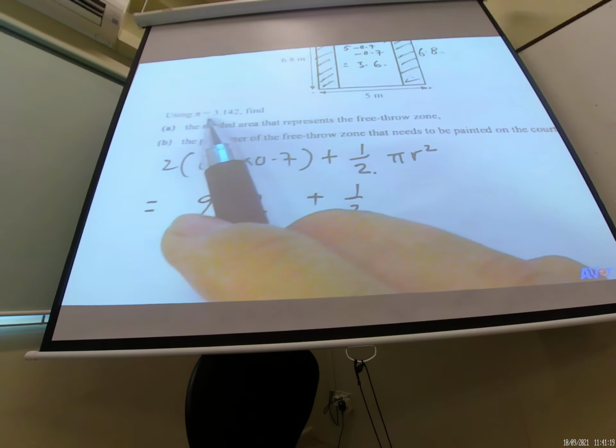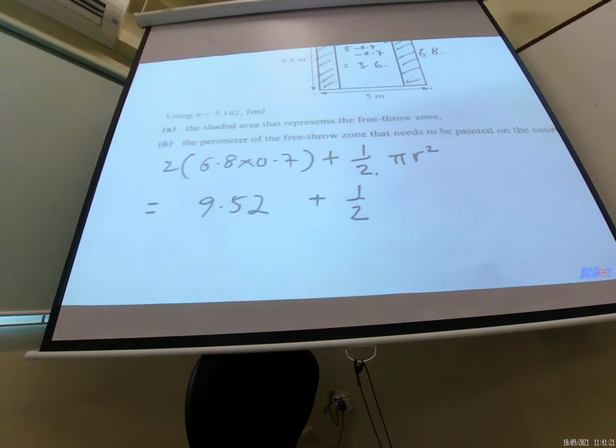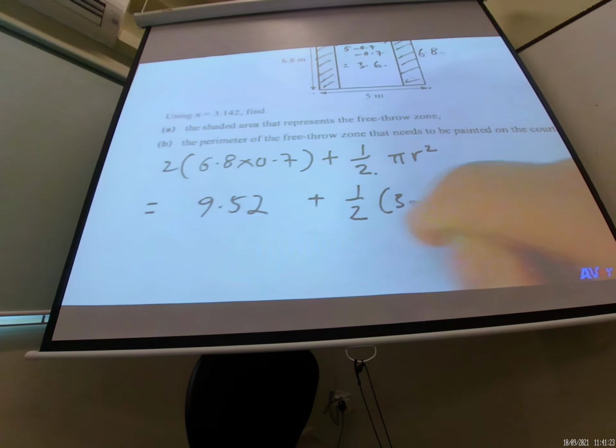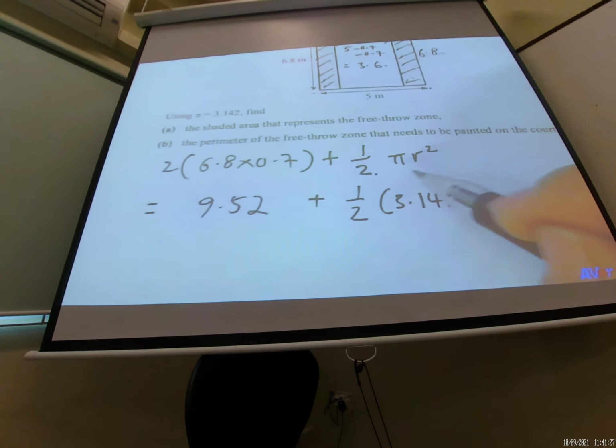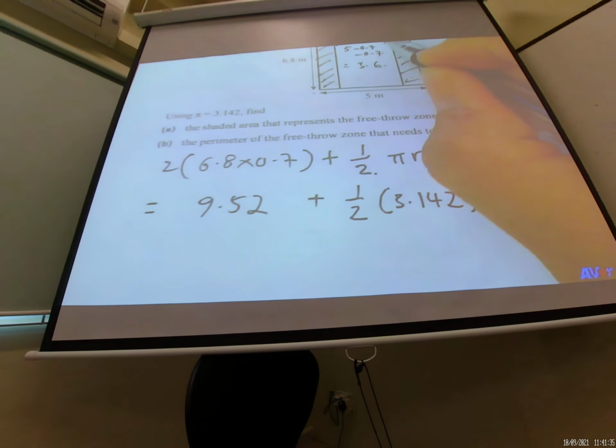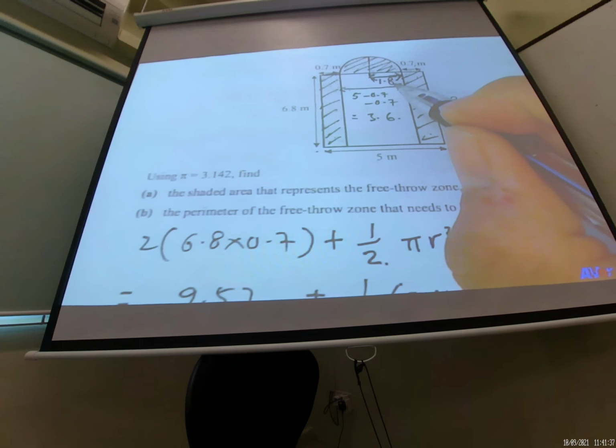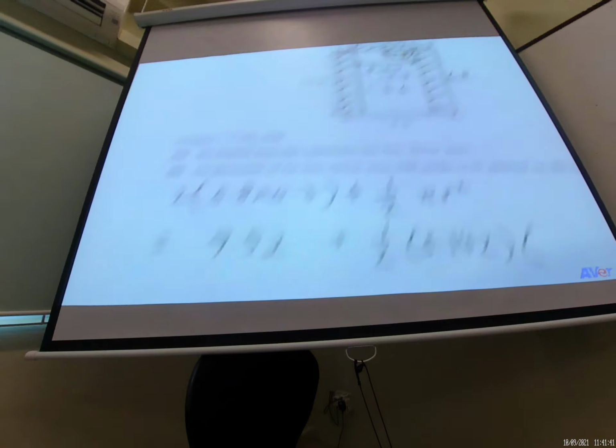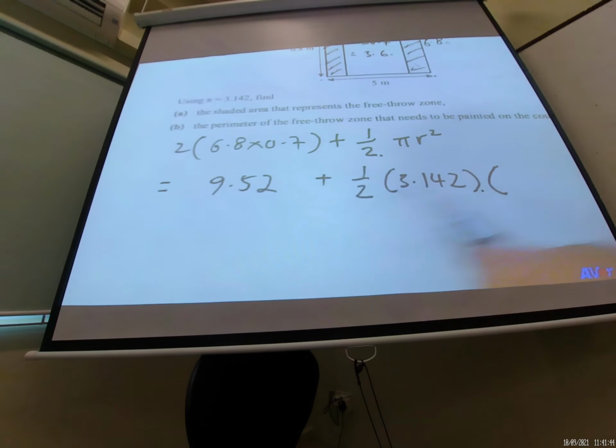Then this question tells us to use pi as 3.142. So we have to use 3.142. So we substitute pi by a bracket and put 3.142 inside. Radius squared, r squared. R is 1.8. Okay?